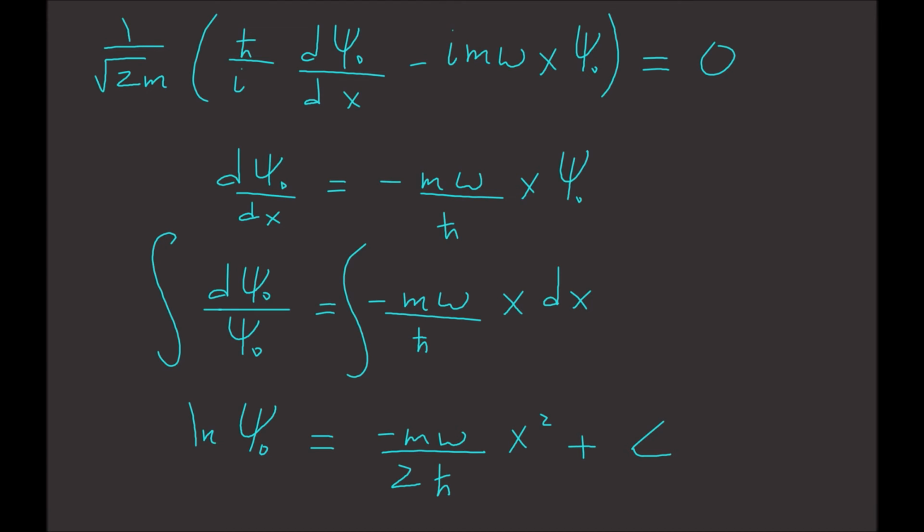So moving a little bit further, we get psi naught as a function of x equals some normalization constant, A naught, times exponential of minus m omega divided by 2 h bar times x squared.